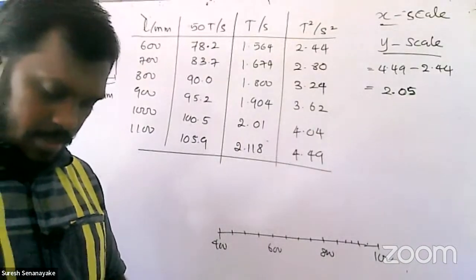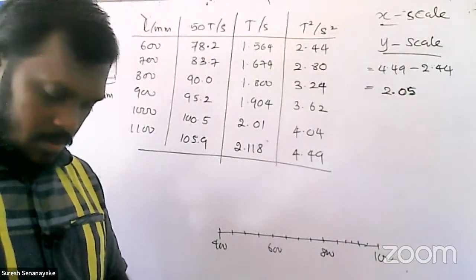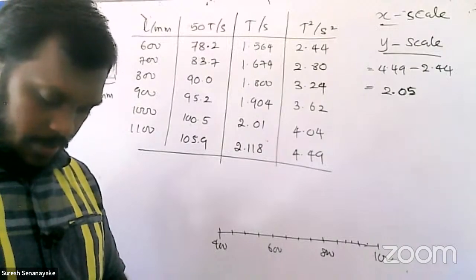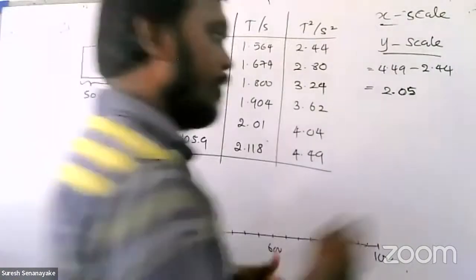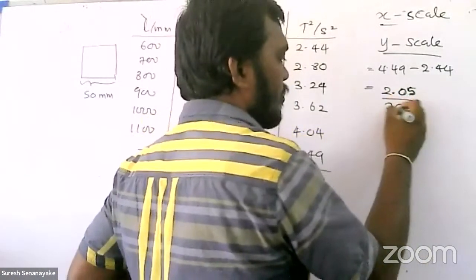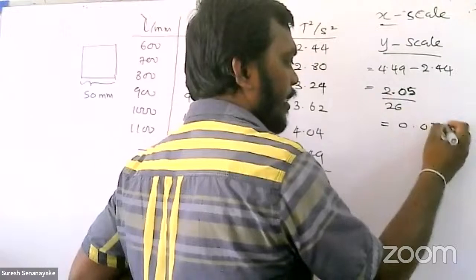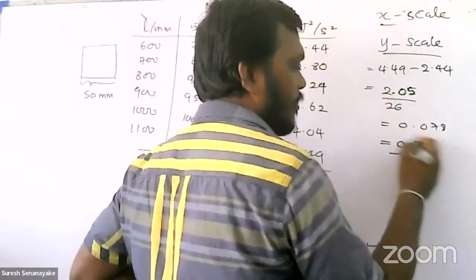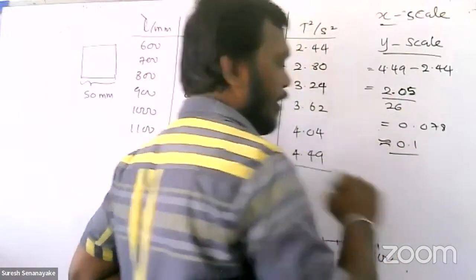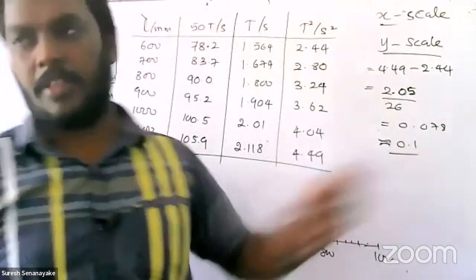So 2.05 divided by 26 you can get 0.078. So it's better to take it as 0.1. Approximately, a close rounded value is 0.1.